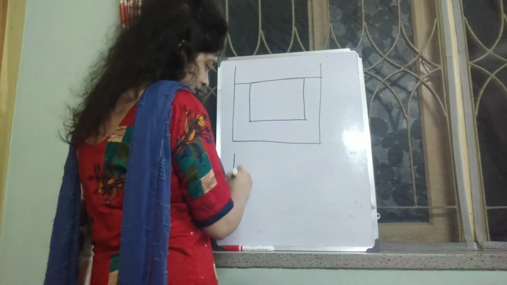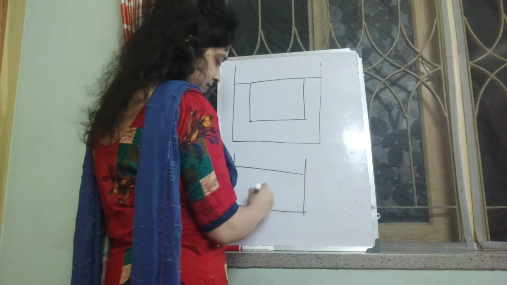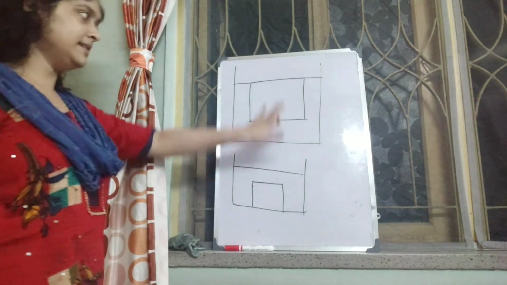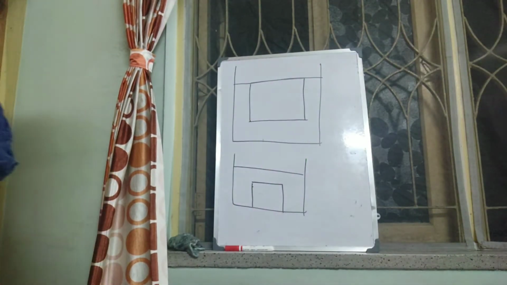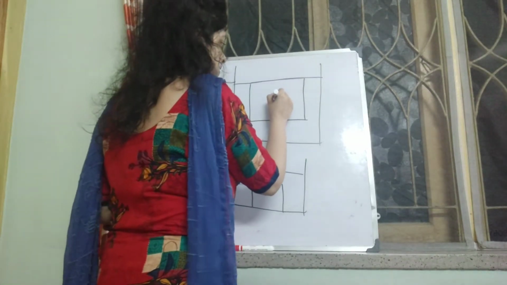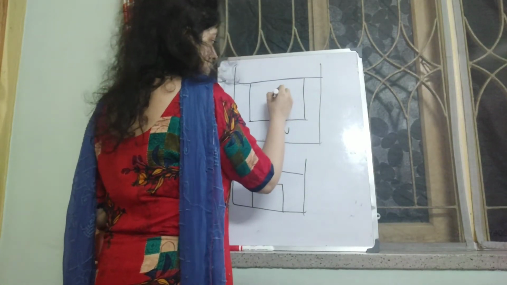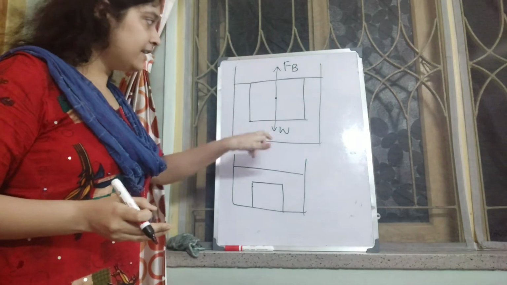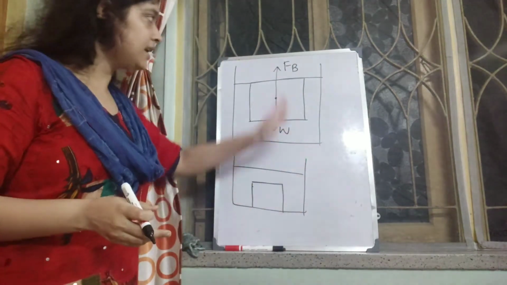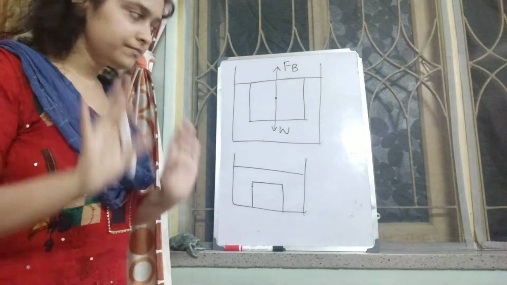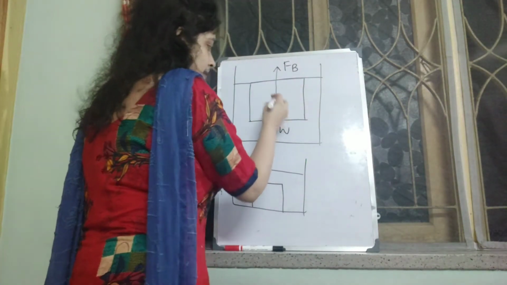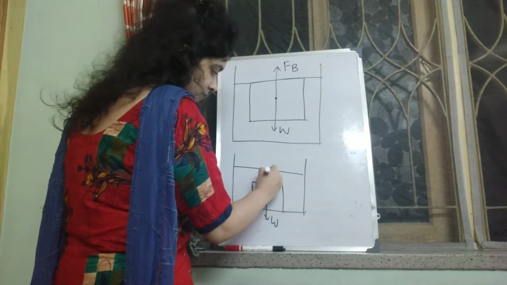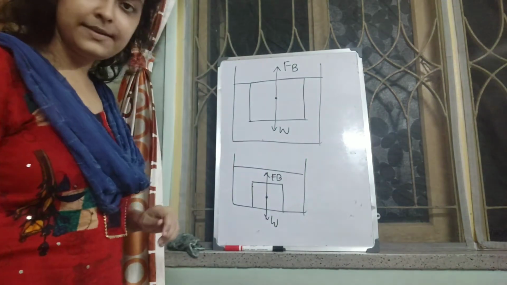Here also, when the body sinks down, it's also completely immersed, right? Notice one thing: upthrust and weight, we take to be acting along the same straight line. In these cases the weight acts downward and the upthrust acts upwards, right?